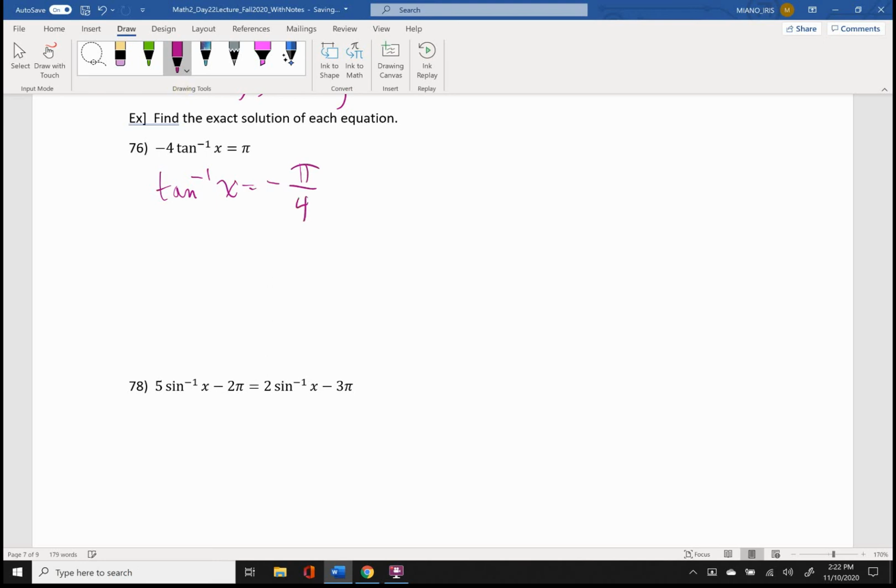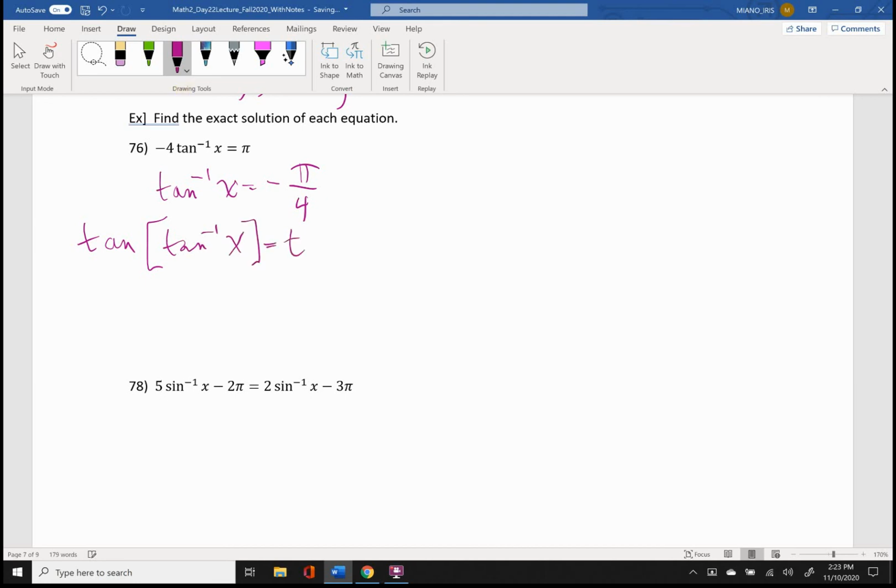So we're basically going to take the tangent of both sides, and this will work out well because we're inside of the range that we want. That'll be the assumption here.